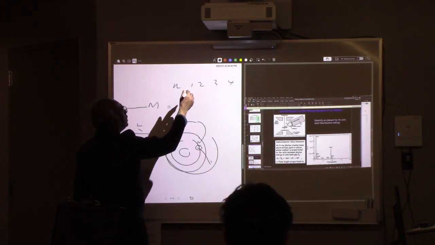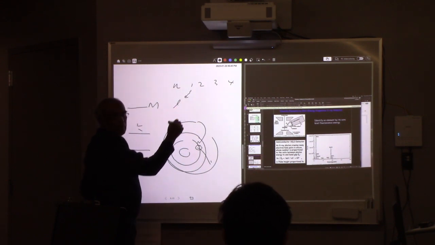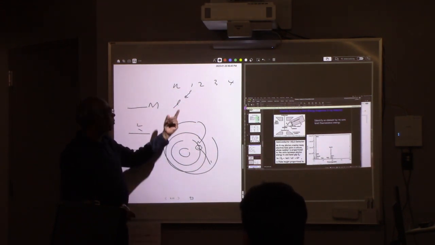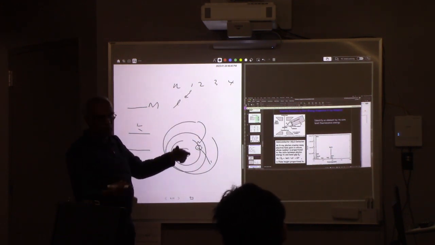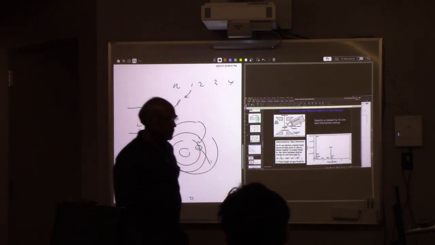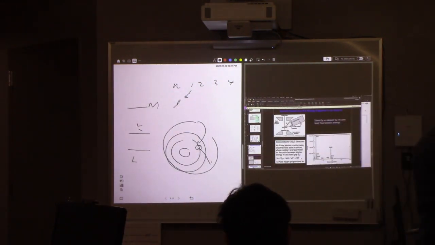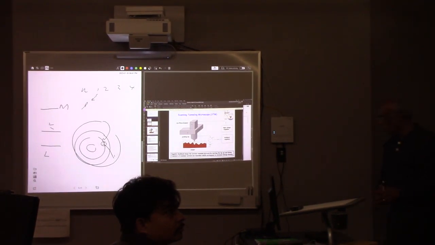Then each one can have l, the angular momentum, that goes from -l to +l. Then it can again split into spin, right? So all these things you can predict.